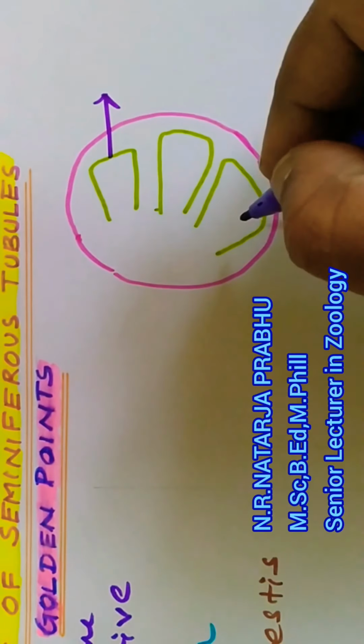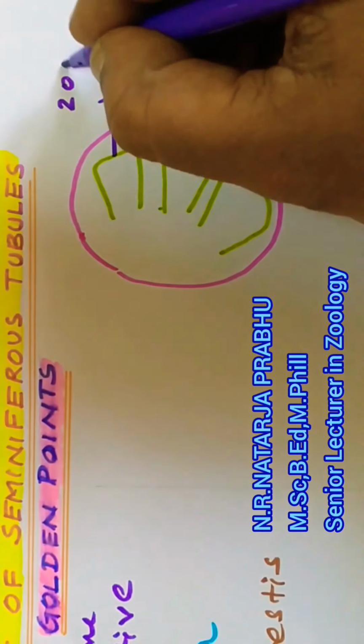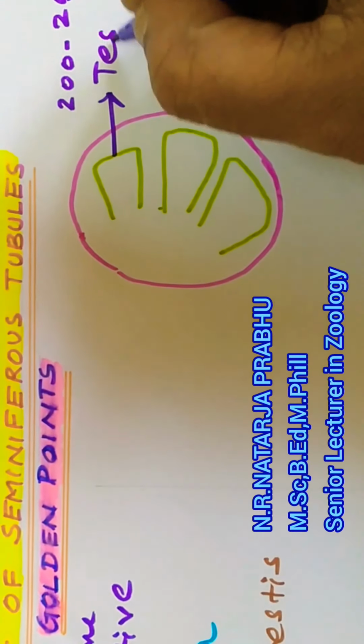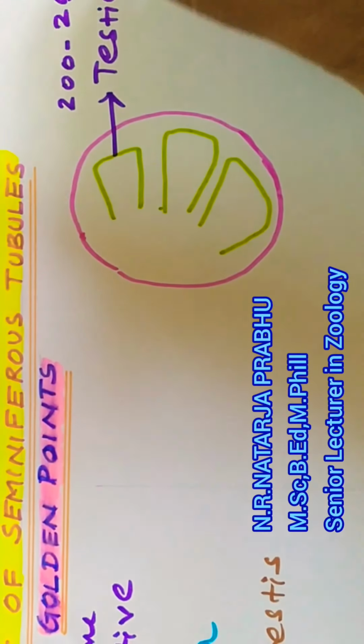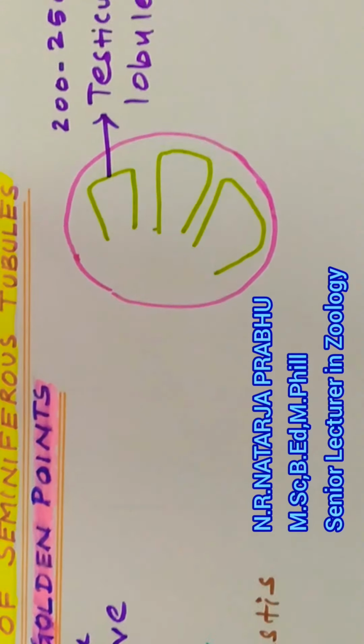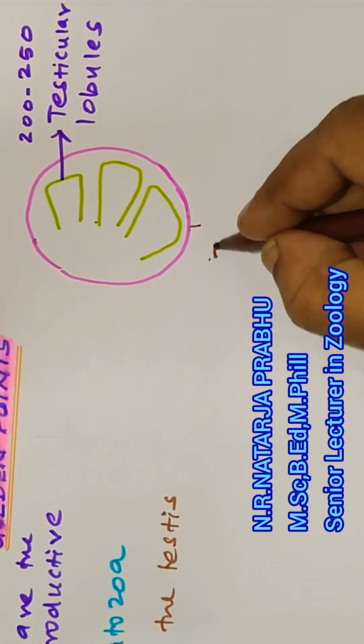I have drawn only 3 compartments, but each testis has 200 to 250 compartments. These compartments are called testicular lobules.